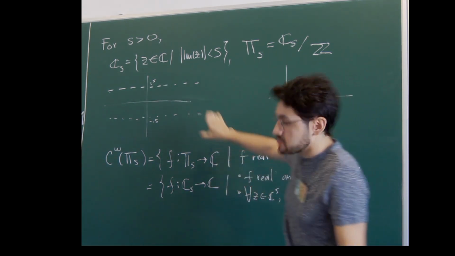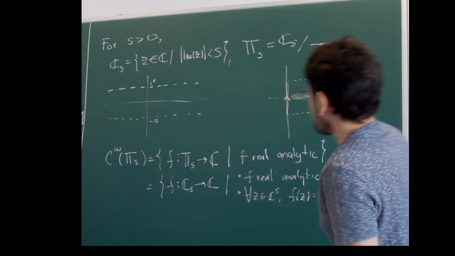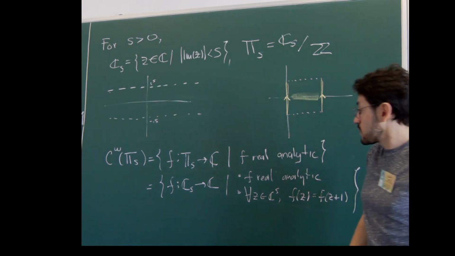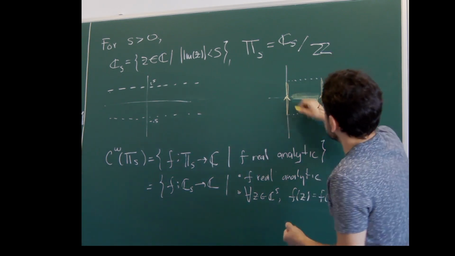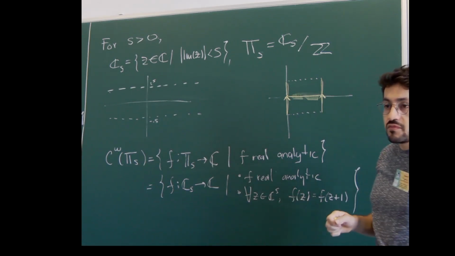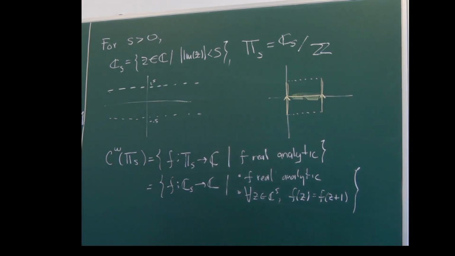Sometimes it will be more useful to see it like that. Yes? When you say real analytic, is it when you restrict to the real line? Yeah, exactly. I want this part to be sent to the real numbers. Yes. What about another horizontal line? No. No? Okay, only this one.